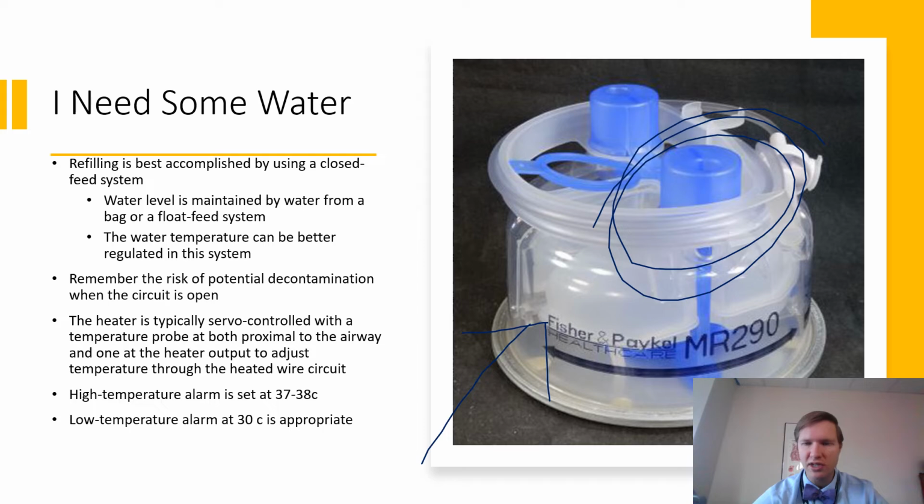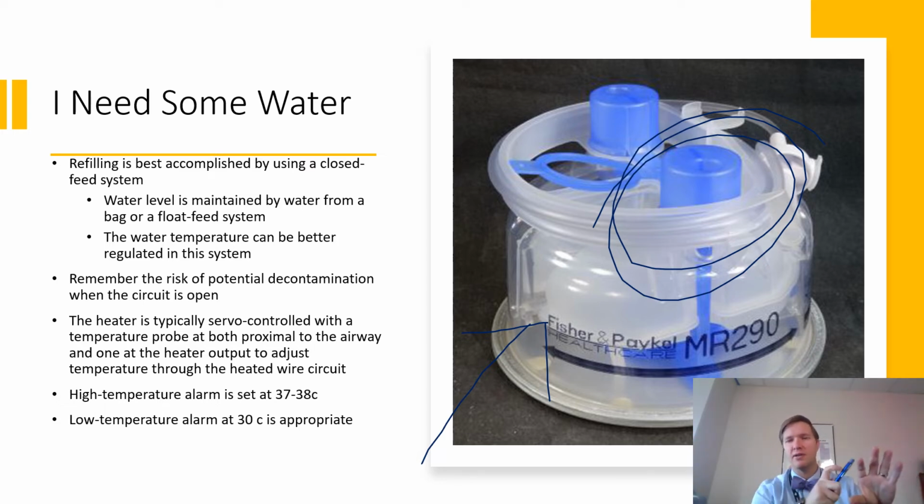The heater, traditionally, most of them are servo controlled. Usually there's a temp probe in the circuit, one that's proximal to the patient, one that's proximal to the heater, right? So we have one where the circuit will read, hey, okay, this is the heat that I'm putting out directly at the heater, and then this is the heat that's actually making it to the patient once it's gone through the circuit.